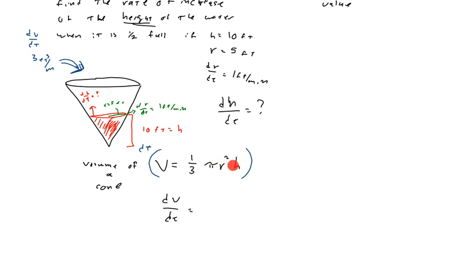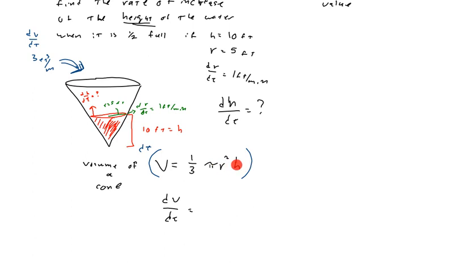These are both variables here. So I need to do the derivative of each one, but I can't just take the derivative of the radius and the derivative of h. What derivative rule do I need to use if these two variables are being multiplied together?